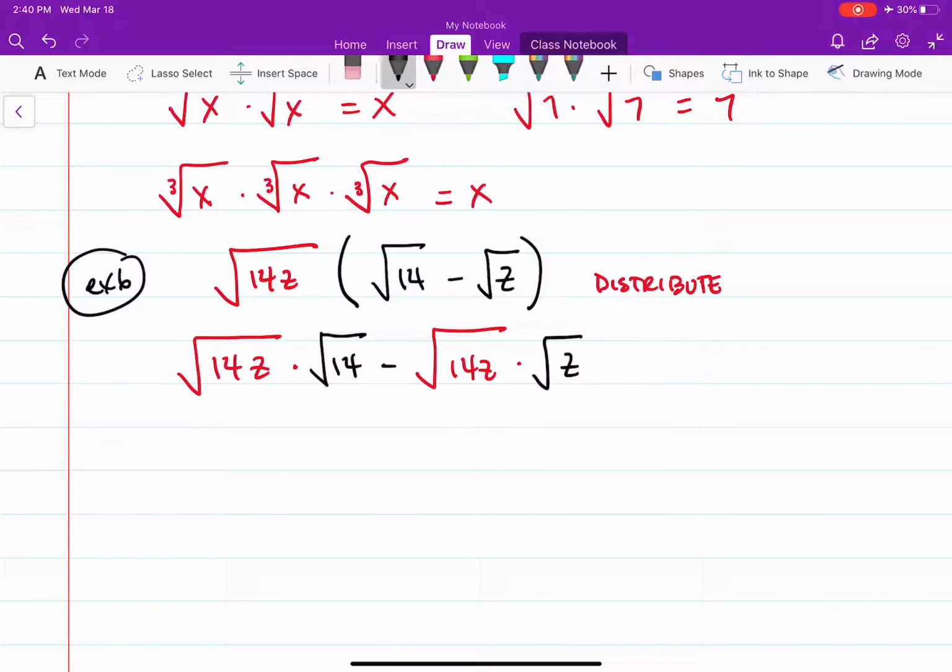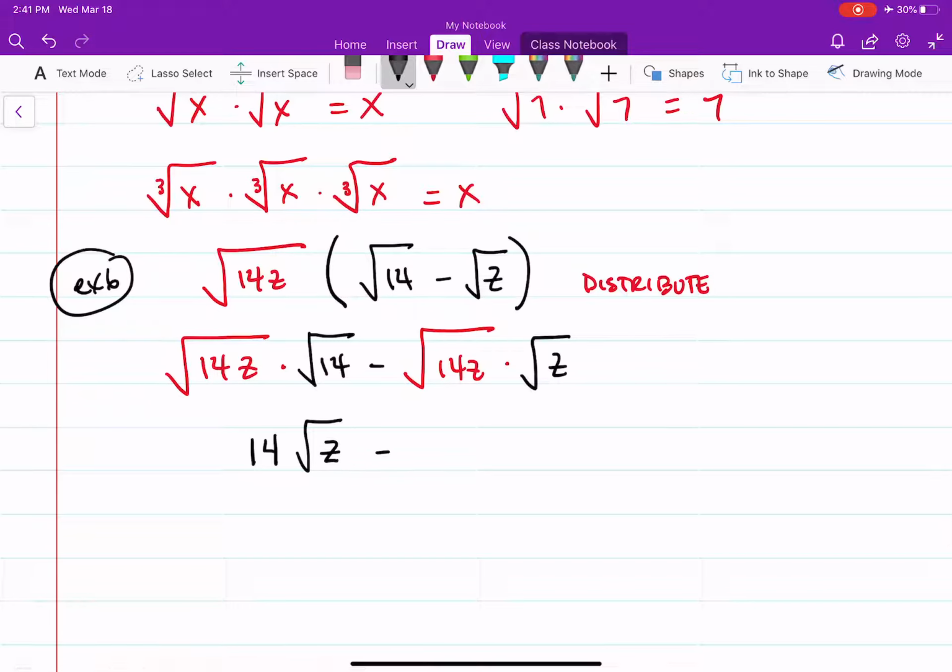What you're going to notice is that over here on the first group, I'm going to have square root of 14 times square root of 14. So that's just going to be 14 square root of z. I'm sorry, not 7, z.